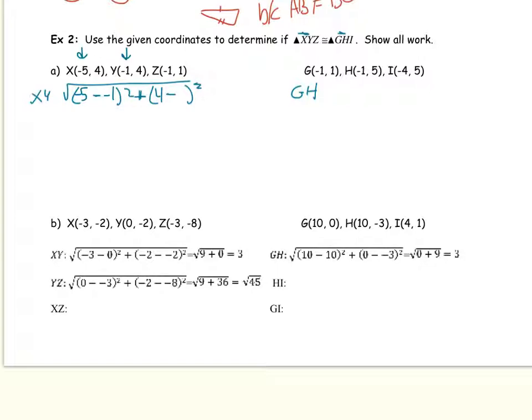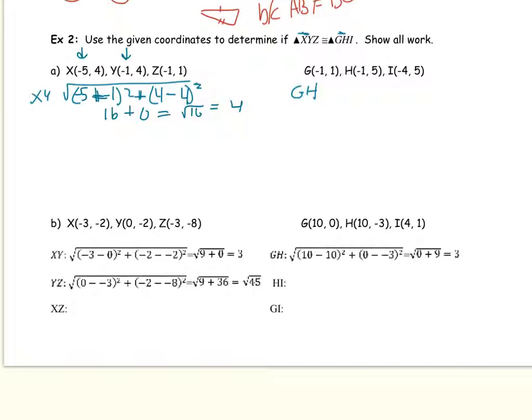My Y for X is 4, and my Y for the point Y is also 4. So I would say, well, -5 plus 1 is -4, and -4 squared is 16. 16 plus 4 minus 4 is 0. 0 squared is 0. So my answer here is radical 16, which equals 4.